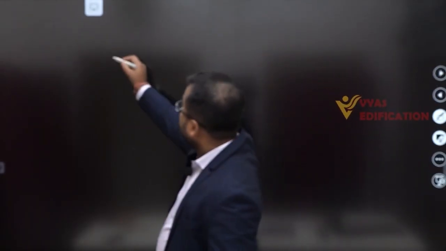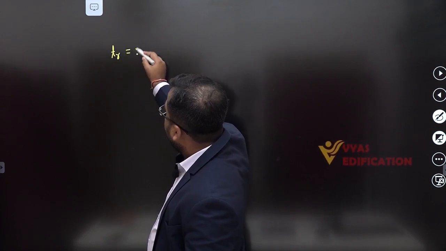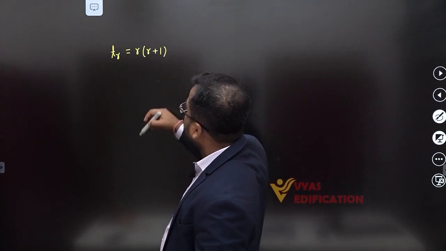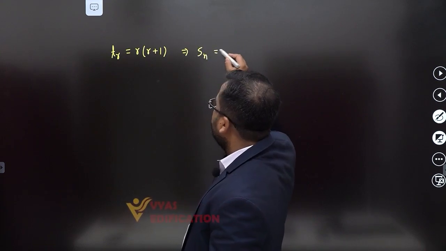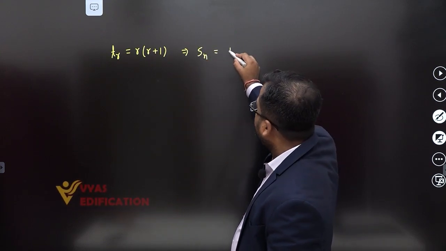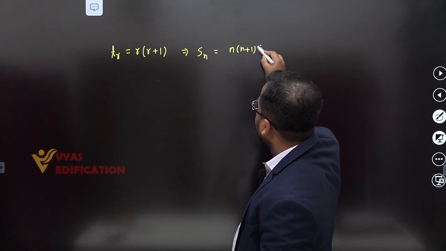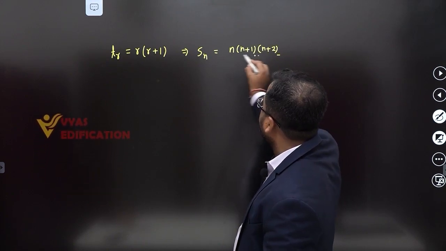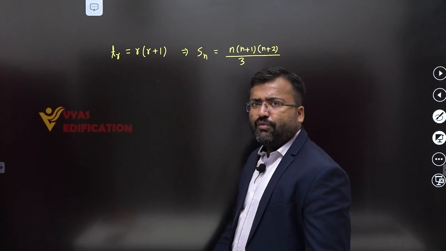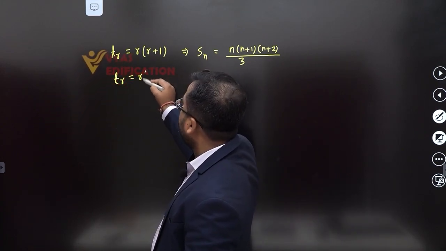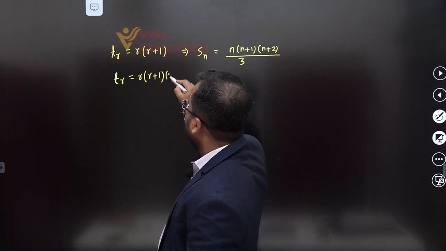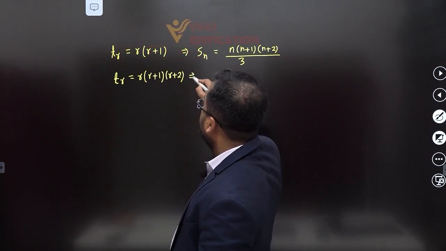If you observe TR, R plus 1 is what we had, right? That implies Sn will be equal to, what was that? n plus 1, n plus 2 by 3. This is what we obtained in the first question. When TR was R plus 1, R plus 2, what does that give me?